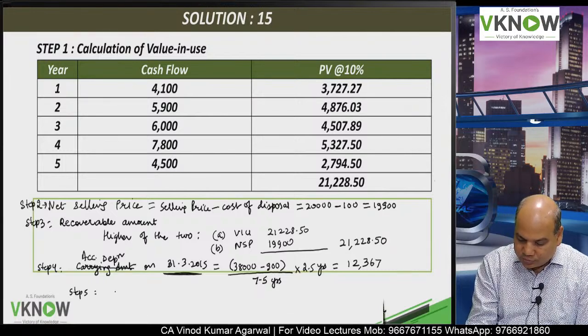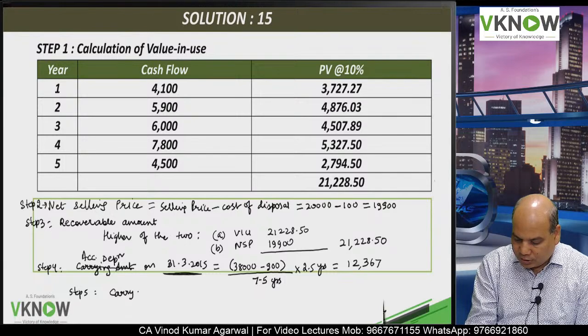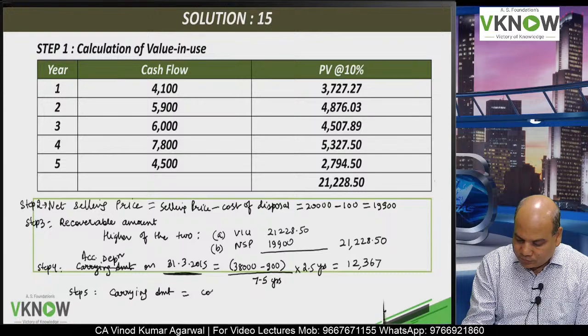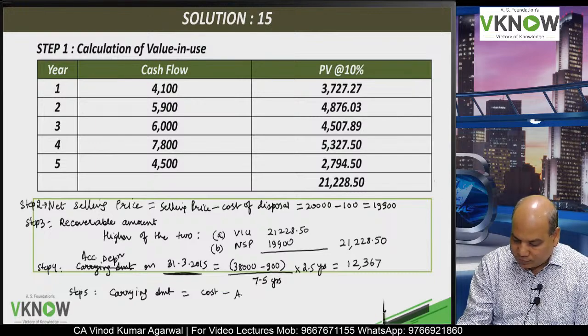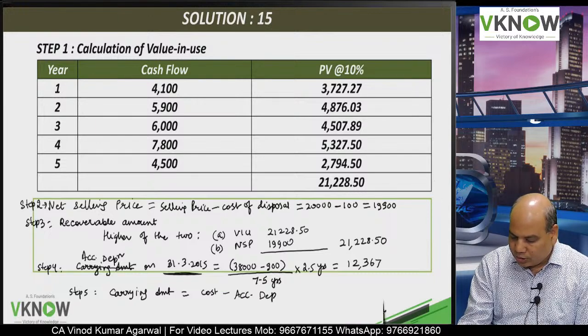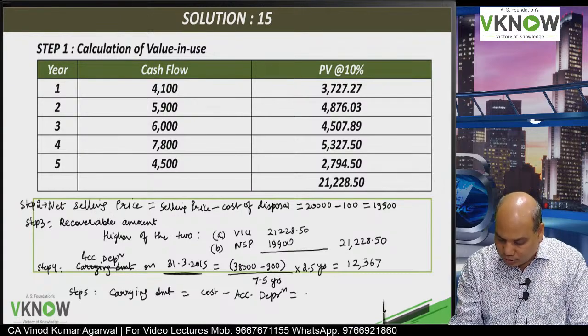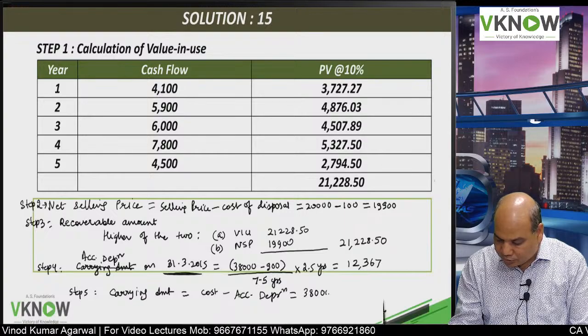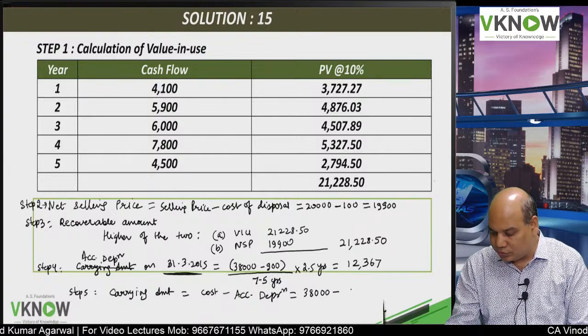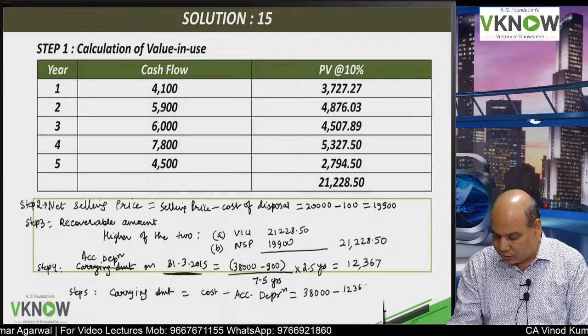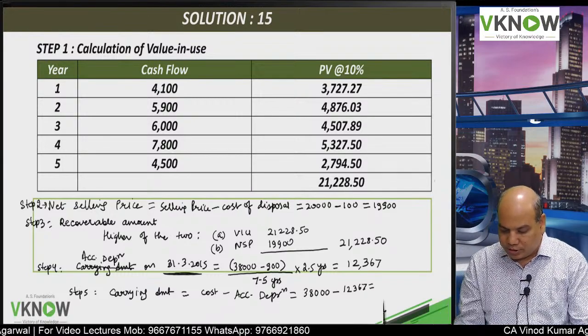Step 5, write down carrying amount. Carrying amount will be cost minus accumulated depreciation. 38,000 is the original cost, 12,367 is the accumulated depreciation.